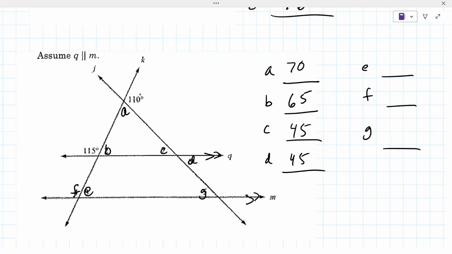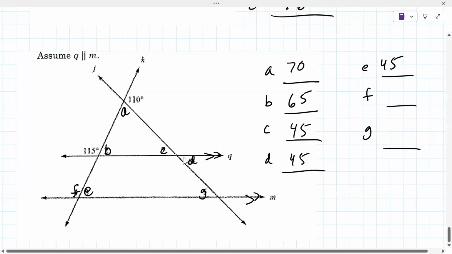Now we have E. But you said these lines are parallel. So wouldn't E and D be the same? Sorry, I'm looking at the wrong letter. These parallel lines matter.